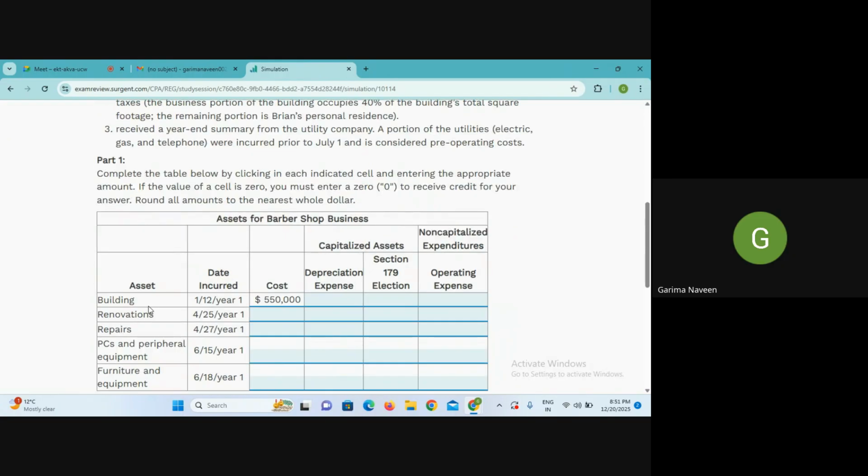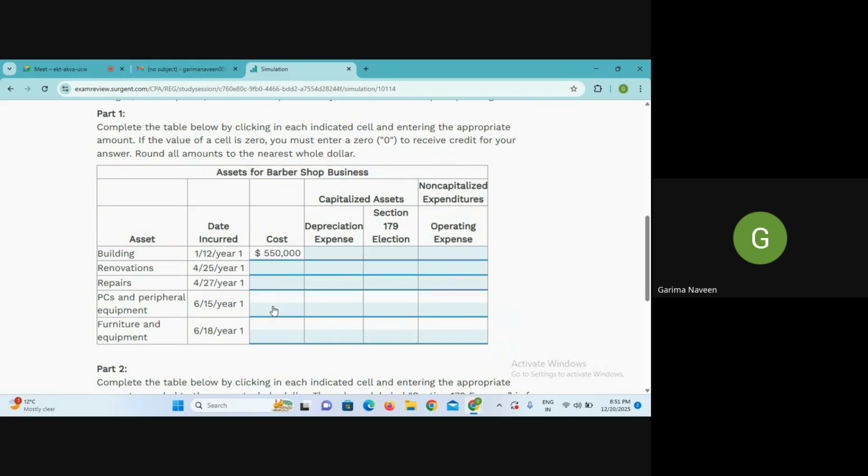Since building is real property, you will use the mid-month convention here. First of all, the Section 179 election will not be there. Why not? Because it is not allowed for real property.